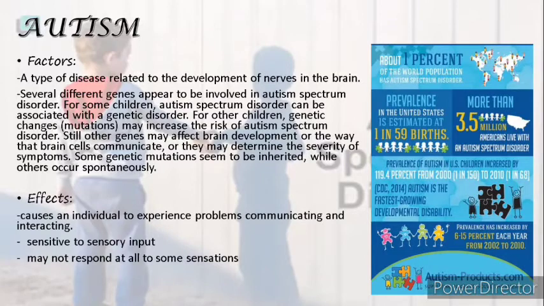For other children, genetic changes may increase the risk of autism spectrum disorder. Still other genes may affect brain development or the way that brain cells communicate, or they may determine the severity of symptoms. Some genetic mutations seem to be inherited, while others occur spontaneously.